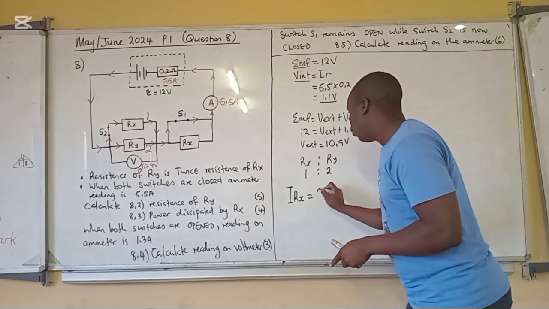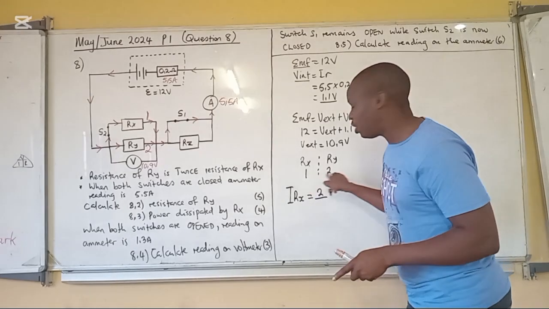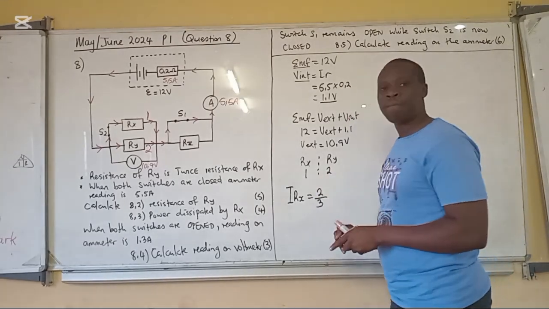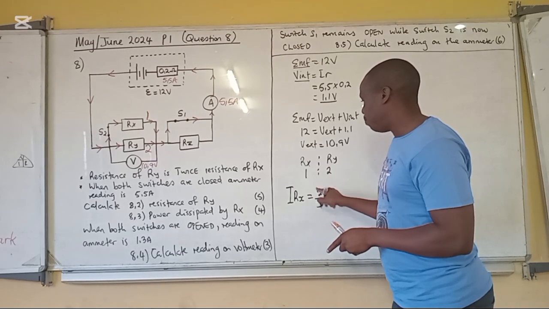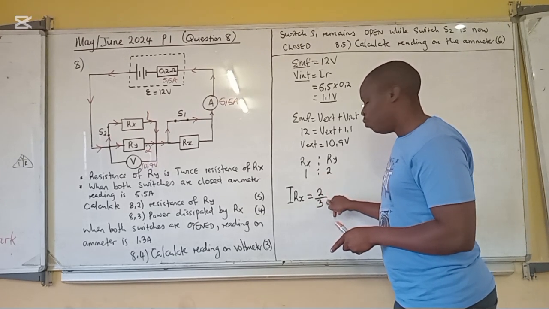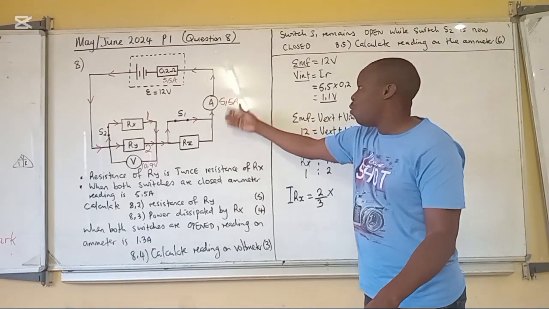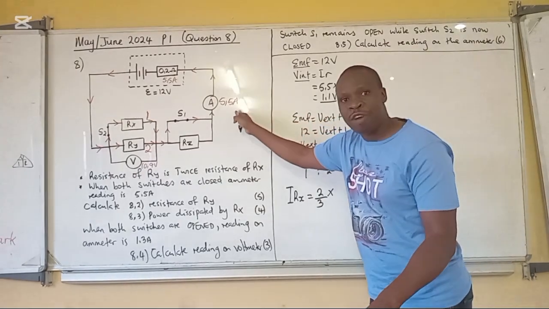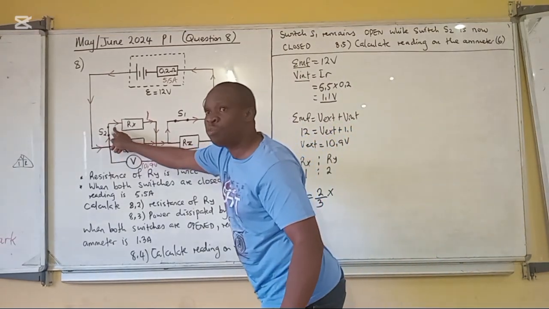So it will be 2 divided by the total ratio, 1 plus 2, which is 3, multiplied by this current, because we want to determine how this 5.5 amperes is going to be split when it gets to this point.